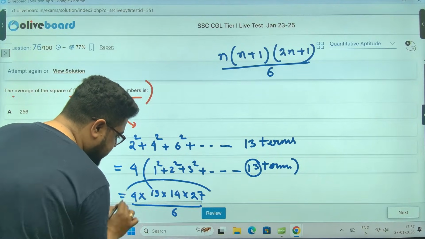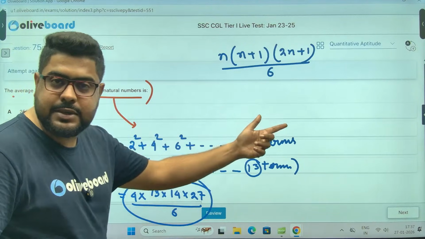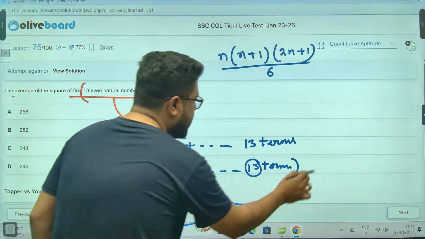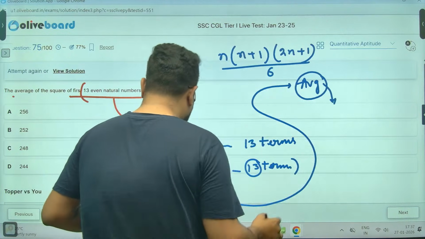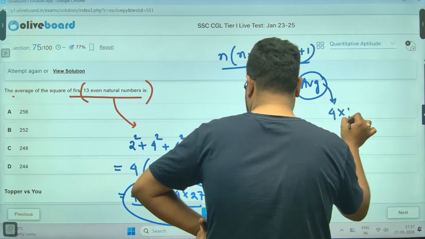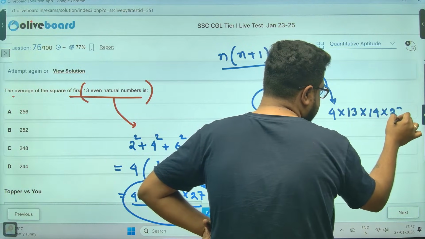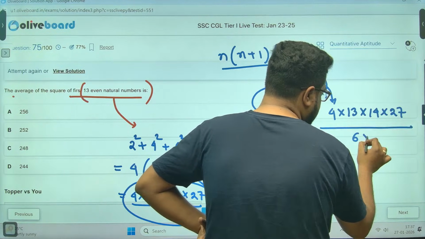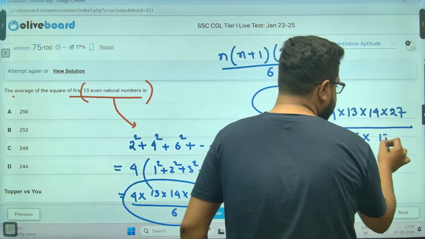Don't do any calculation as of now. So average will be what? This is the sum for 13 numbers. So average will be 4 into 13 into 14 into 27 divided by 6, into, sir, average will be by 13. So just put 13 in the denominator.